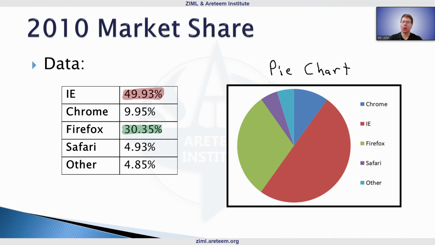That's a nice way of visualizing things there. So a lot of different ways to do this. This was just made with Excel. You can make these in Google Sheets. You can do these using programming, Python or C++, Java, right? Lots of different ways to make the charts. We're not going to discuss that too much today, but pie chart is a good way to visualize this as well.